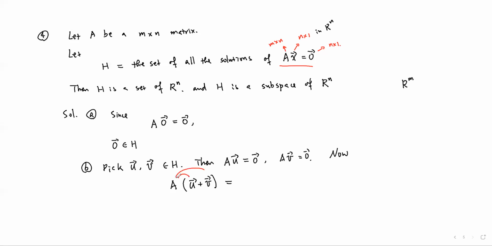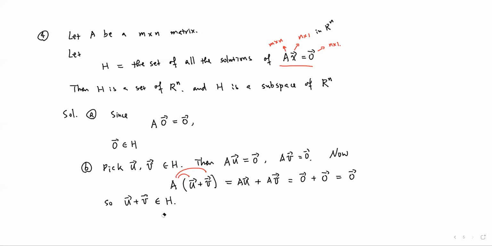By distribution, I have A times u plus A times v. But A times u is 0, A times v is 0. So 0 plus 0 is 0. Therefore, the sum solves this equation. The sum is a solution of this equation. So, conclusion, u plus v is still in H. The second property in the definition is satisfied.